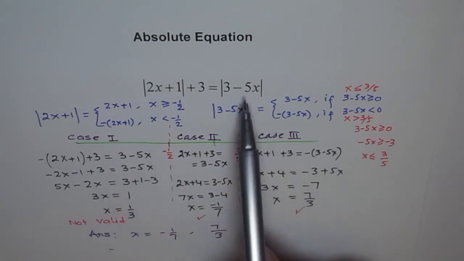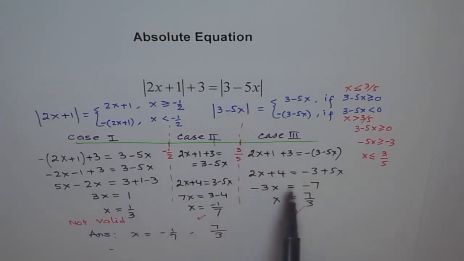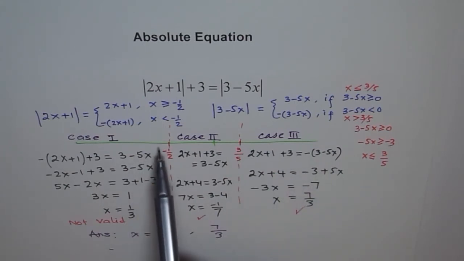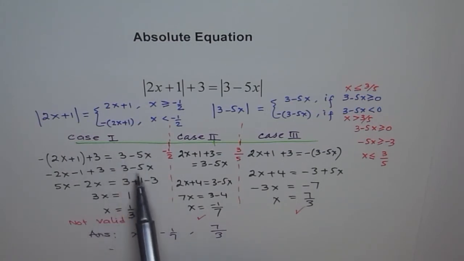Similar is the case for the other one, and that leads to 3 cases. Then when you get a solution for each case, you have to check whether you are in the domain or not. If not, then the solution is not valid. If you are, then the solution is valid. Therefore, here we get two valid solutions, and our solutions are minus 1 over 7 and 7 over 3.